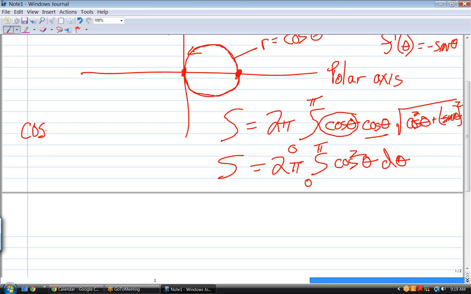Cosine of 2 theta, the double angle identity, is equal to cosine squared theta minus 1. And that's 2 of these, if I remember right. So cosine 2 theta equals 2 cosine squared theta minus 1.